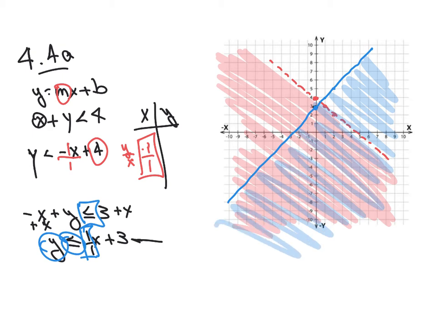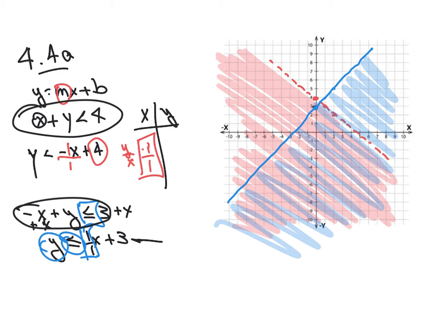Okay, the difference between this lesson and the other lesson is, notice I have two equations that I was doing. I've got this equation here and this equation here. So I graphed them both on the same graph. And what I'm interested in is the solution to this system of linear equations.